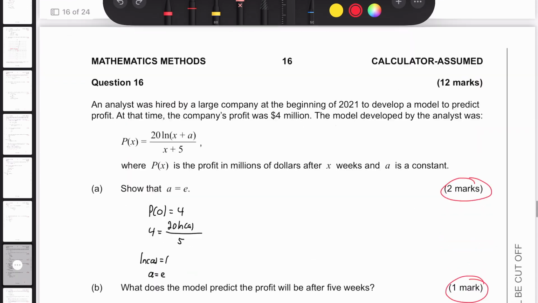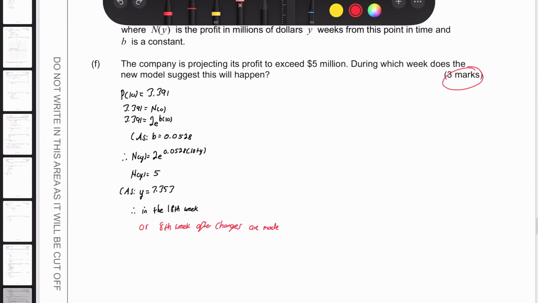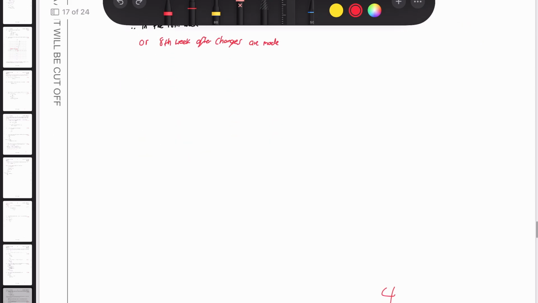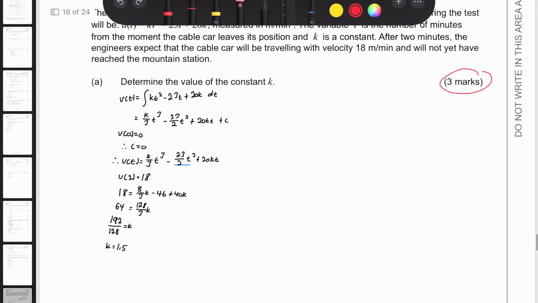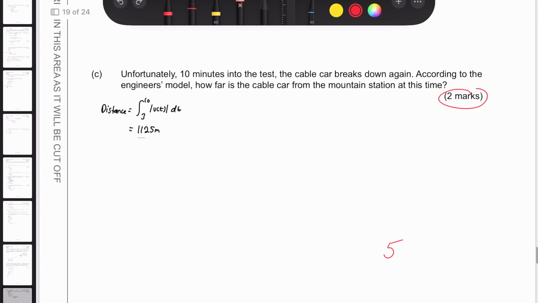This is question 16. The term is the week when the profit exceeds 5 mil. Okay, so bada bing, bada boom. It is what it is. I identified it correctly. It didn't say it had to say in the 8th week. And here 17 minutes was correct and 1125 meters.